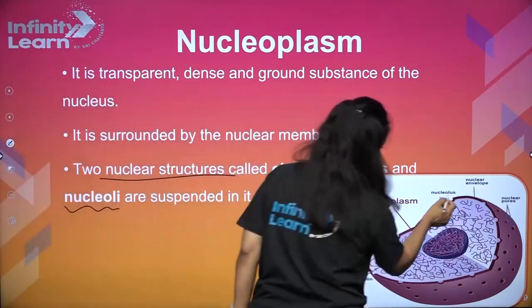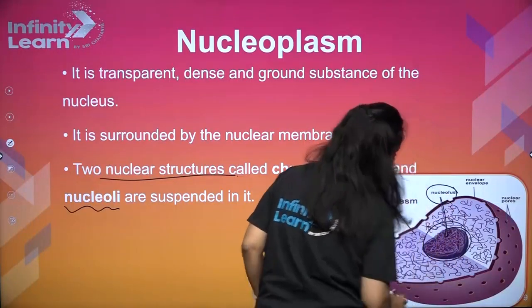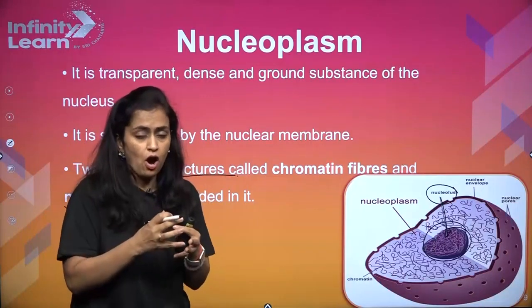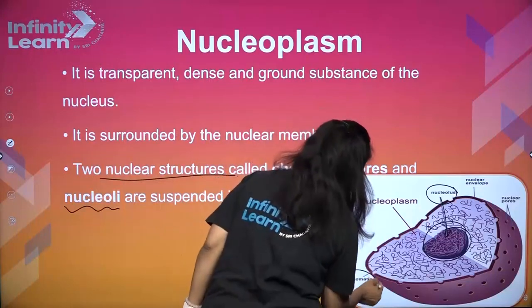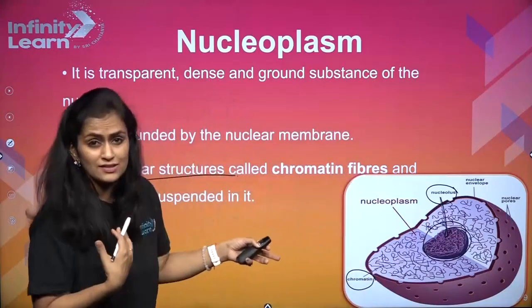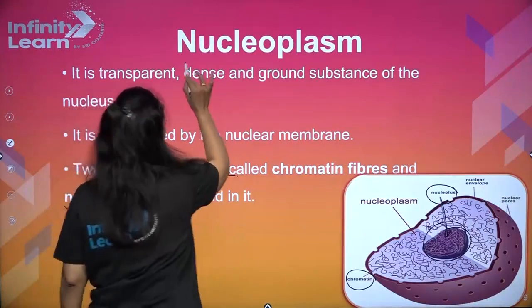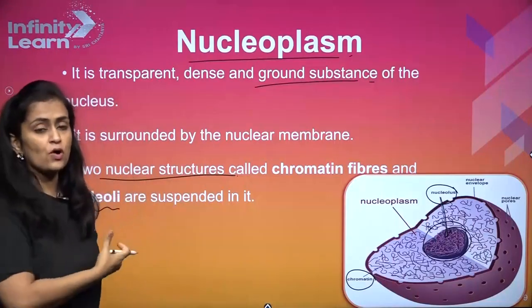Nucleolus or nucleoli, one and the same thing. This is the nucleolus, which is a densely packed, round body of chromatin fiber itself, right? And then we have chromatin fiber. These are the two structures that you can see very prominently in nucleoplasm. So we are talking about nucleoplasm. It is the ground substance of the nucleus, just like the ground substance of the cell is cytoplasm.